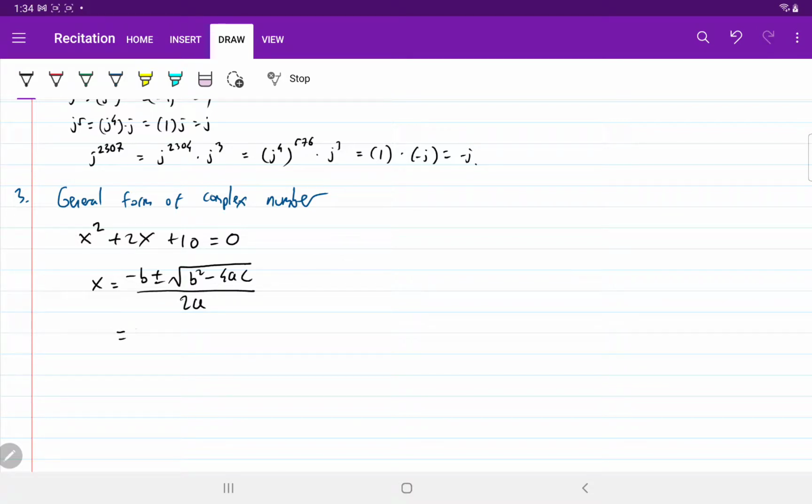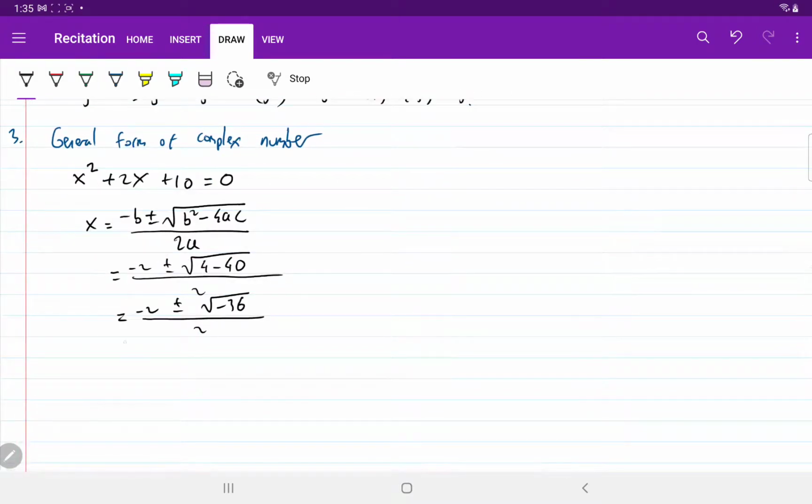So minus 2 over 2 plus minus square root of 2 squared, which is 4, minus 40, because 4 times 10, so minus 2 over 2 plus minus square root of minus 36.